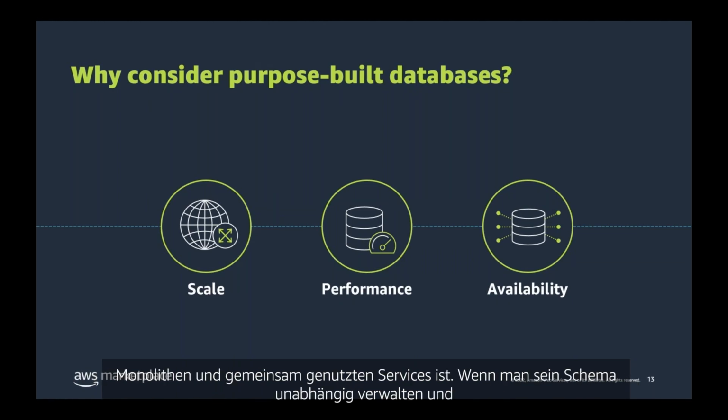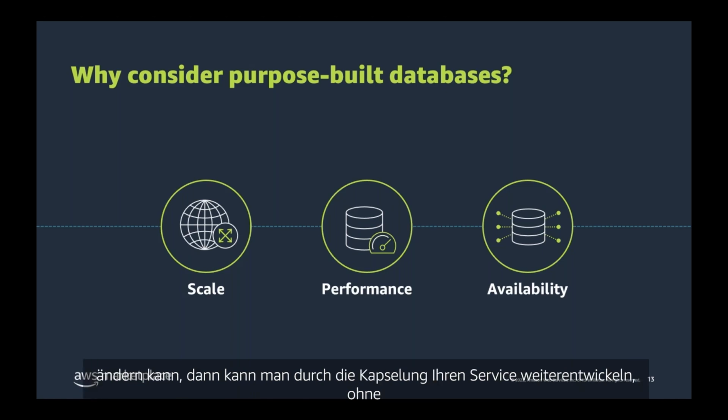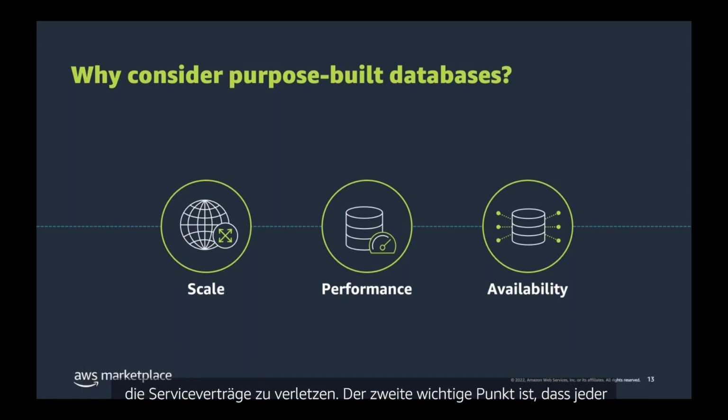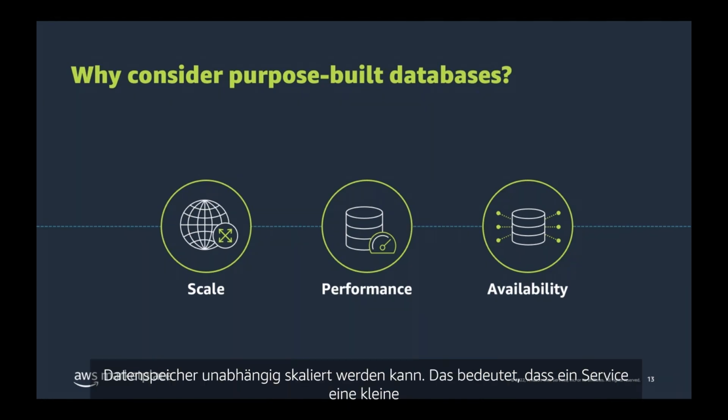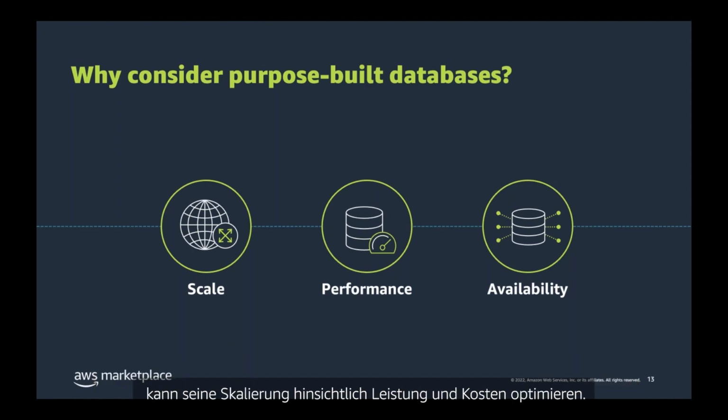When you can independently own and change your schema, the encapsulation lets you evolve your service without breaking the service contracts. The second important point is that each data store can scale independently, meaning that one service may have a small database and another a very large one. But each service can optimize its scale for performance and cost.